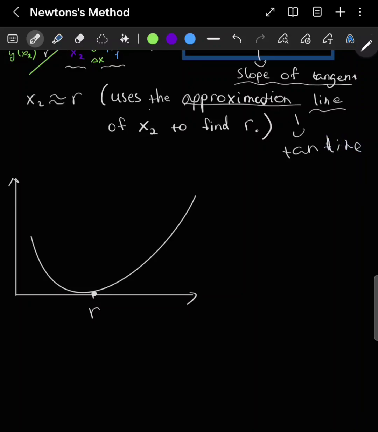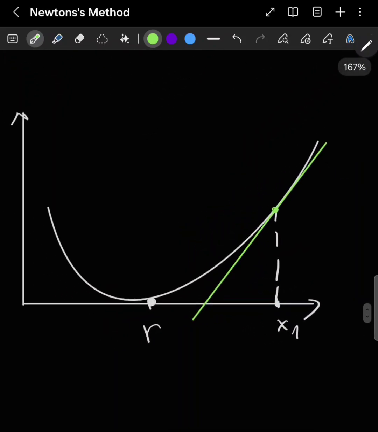to find x2. So let's assume that there is a point x1 in here. If we draw a tangent line at this point, it's going to look like this. Yeah, perfect. So at this point, let's say the y is f(x1).